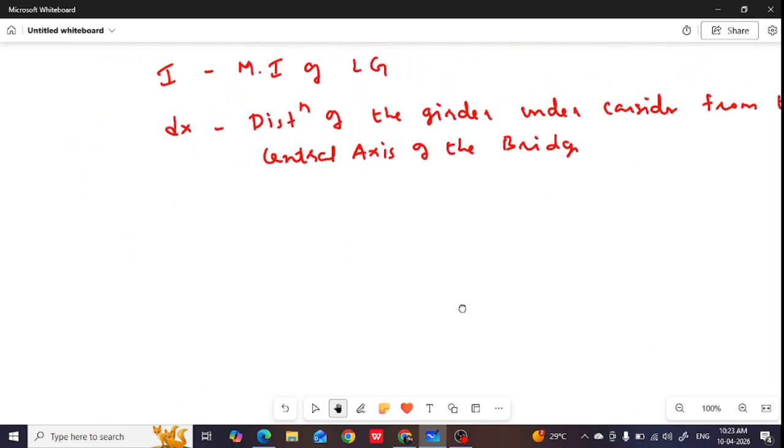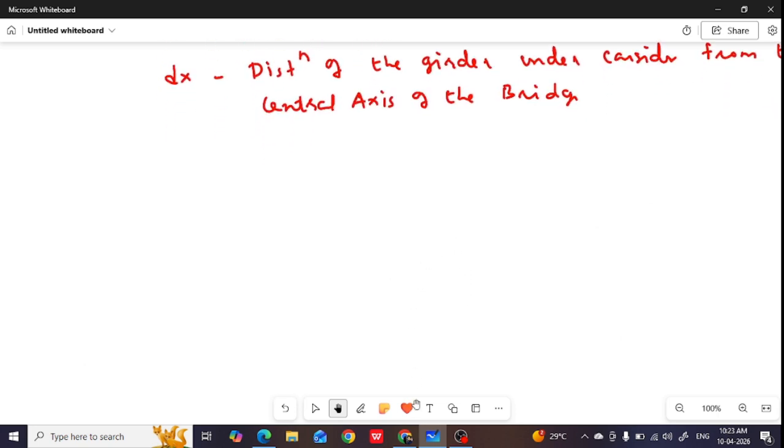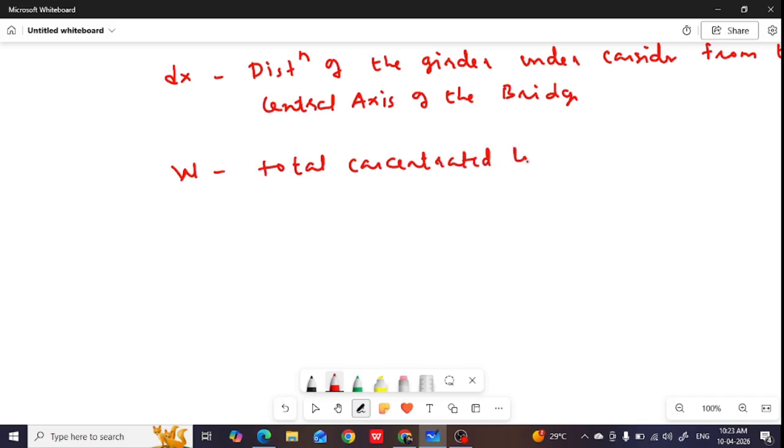Then W is the total concentrated live load. Then we have N. N is the number of longitudinal girders.